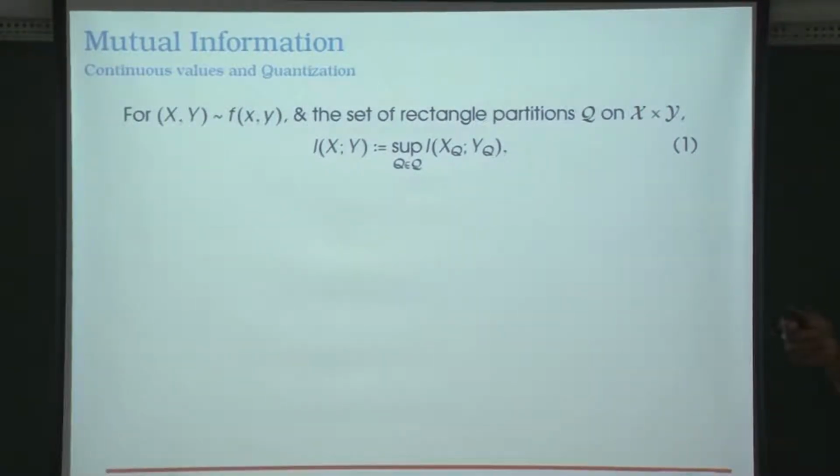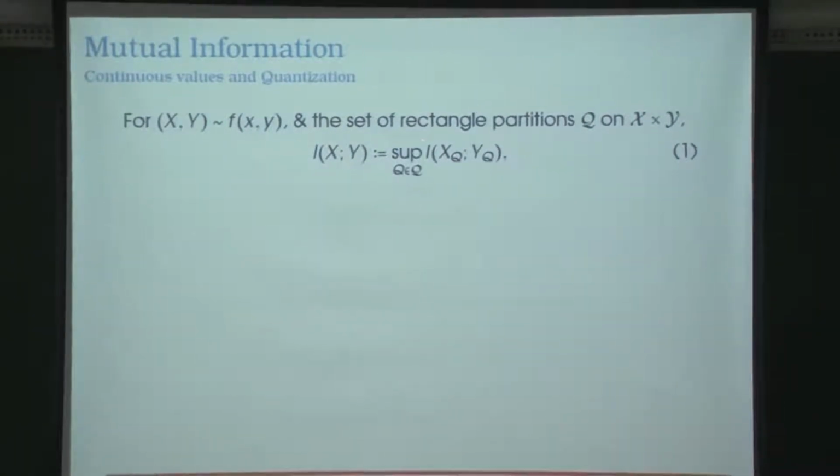So, I partition the x space, I partition the y space and then say, oh, this Q is a partition, I can compute the mutual information between X_Q and Y_Q, which is nothing but H(X_Q) minus H(X_Q given Y_Q), where H(X_Q) is nothing but the summation of the probabilities times log 1 over probabilities. Standard discrete entropy.